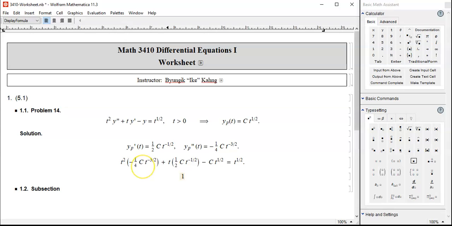So this is going to be negative 1/4 c times t to the, let's see, second power minus 3/2 power. So this is the 1/2 power. And then multiply by t times that negative 1/2 power. So we have t to the 1/2 power again. And then c times t to the 1/2 power is equal to t to the 1/2 power.